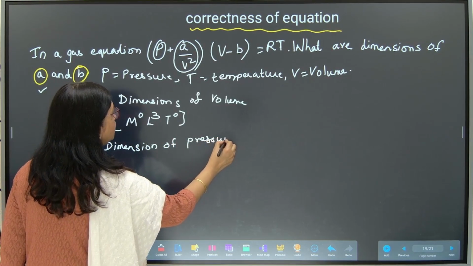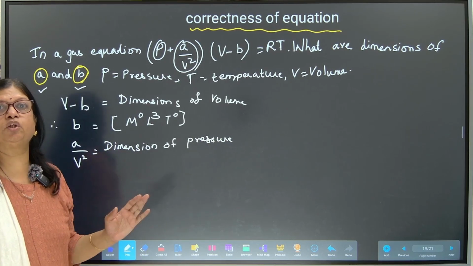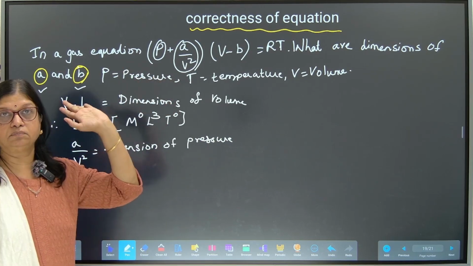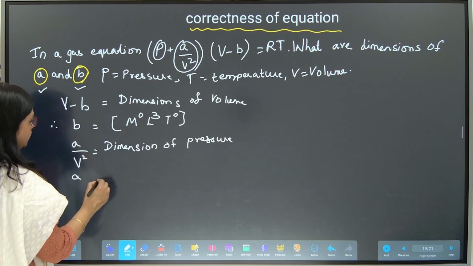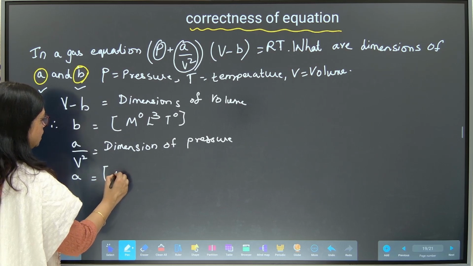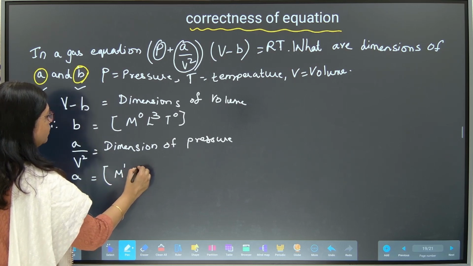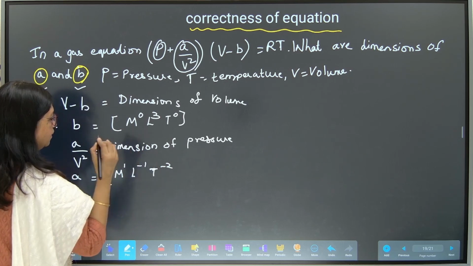Why am I using the word only? It cannot have any other dimension. It should have the dimension of pressure because it is added to pressure. Correct? So what is the dimension of A then? What is the dimension of pressure? M raised to 1, L raised to minus 1, T raised to minus 2. This is with our memory.